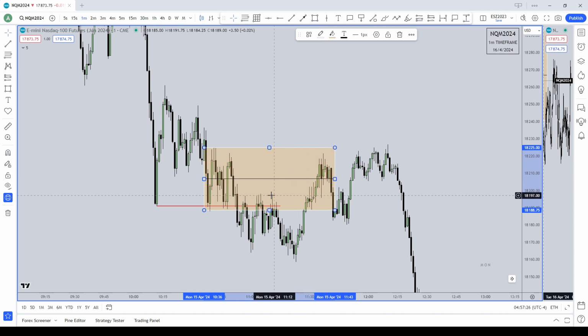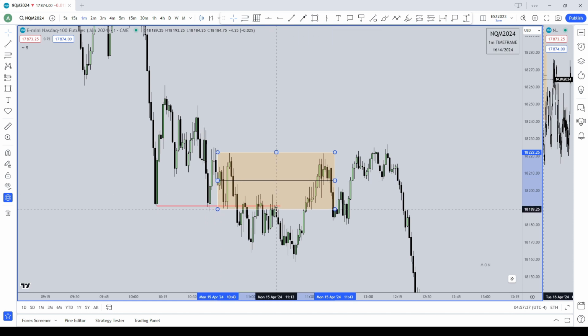Why did you not enter from this lower one, and a lot of things? Yeah, but that would be tradable.